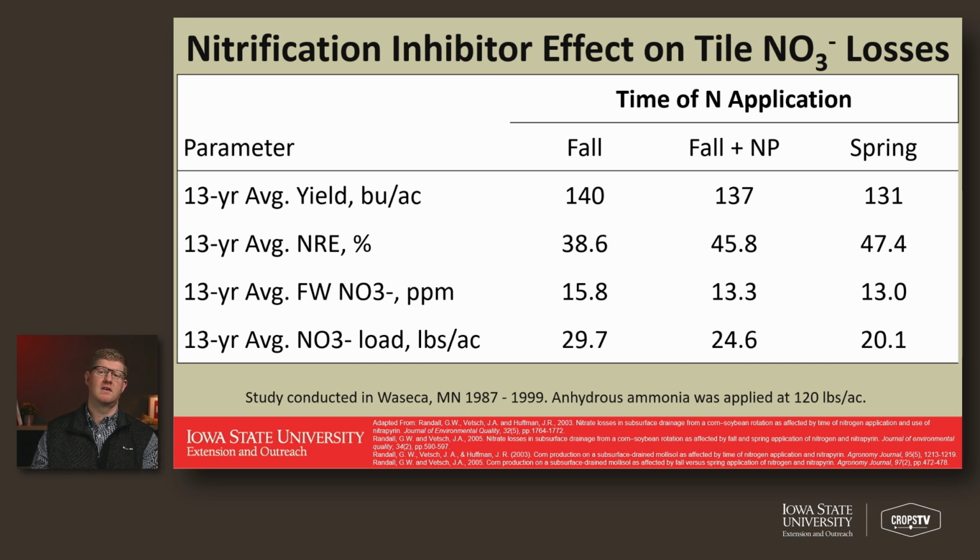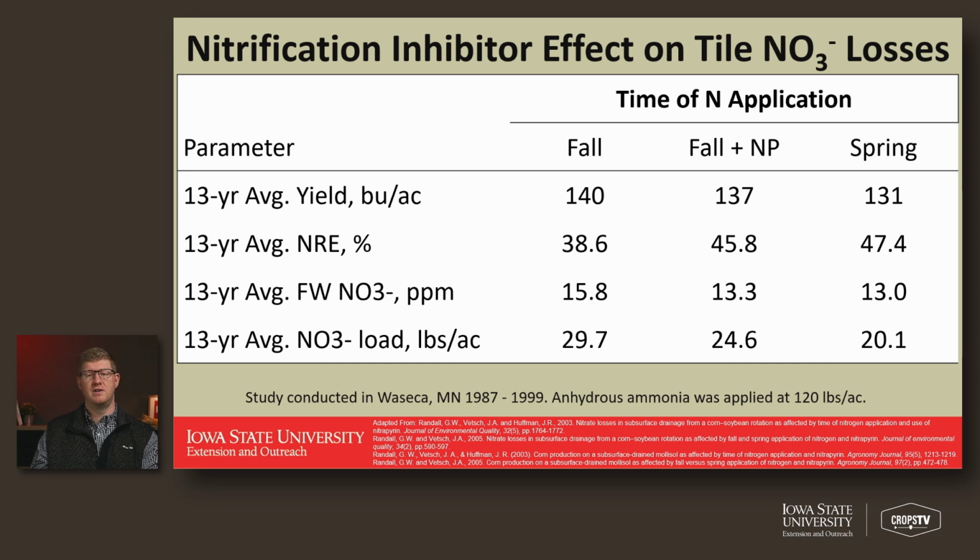So again, here I'm going to encourage you to really just look at the first two columns because that's our true comparison, where we have the fall application and then the fall application with Inserve. So your top row, you're going to be looking at yield, no real difference. Second row, we're looking at recovery efficiency again. And again, we do see that increased nitrogen recovery efficiency, using more of what we paid for.